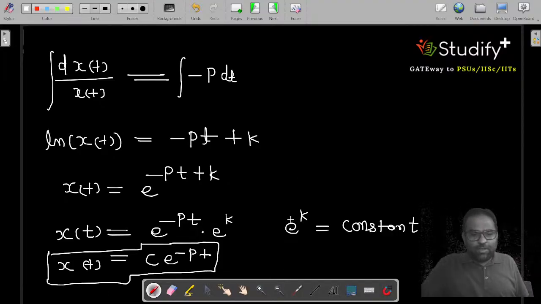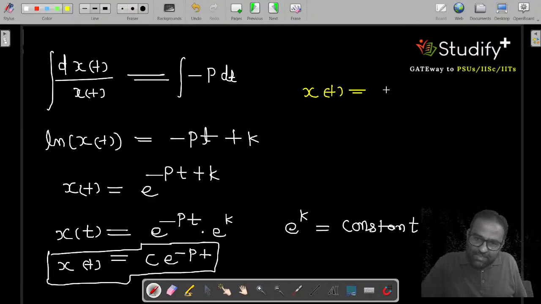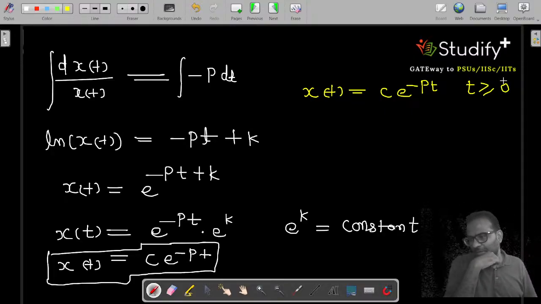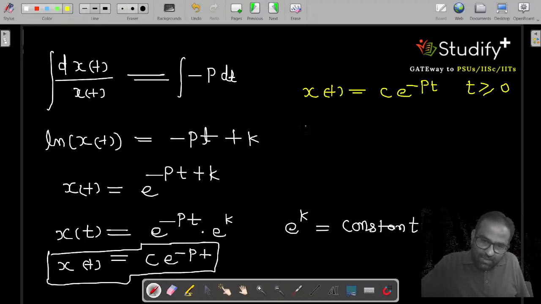One more thing to understand is that x(t) equal to c times e to the power minus pt is valid only for t greater than or equal to 0. If it is valid for t greater than or equal to 0, then I can find the value of x(0+), because you cannot write x(0 minus); I replace t with 0+.